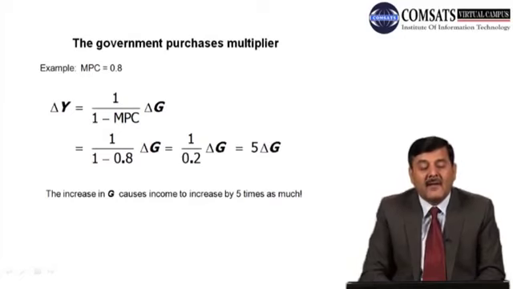So we have seen that whenever there is a change in expenditure, there will be a change in income by 5%, right?